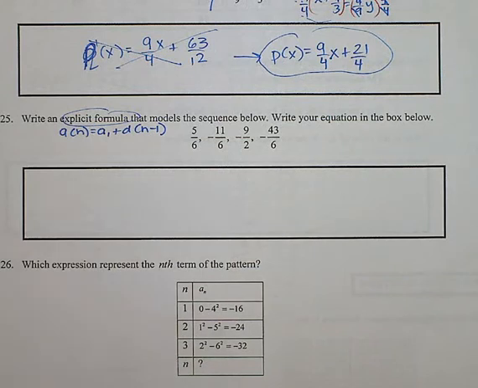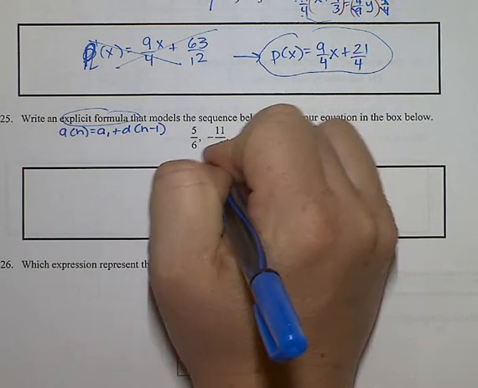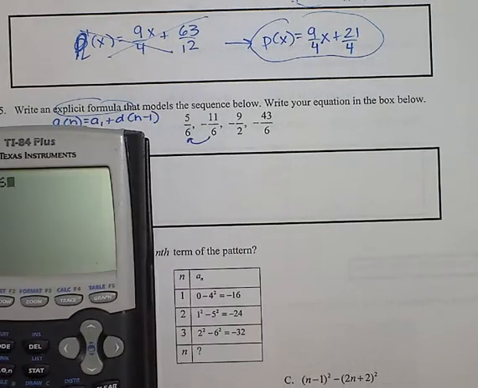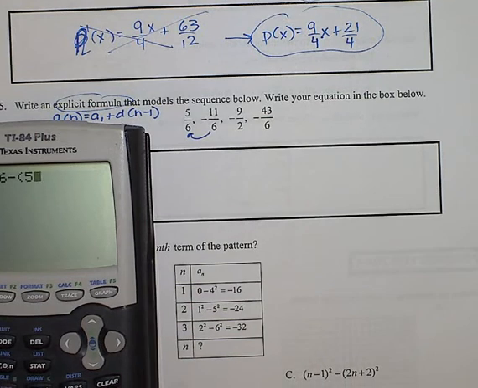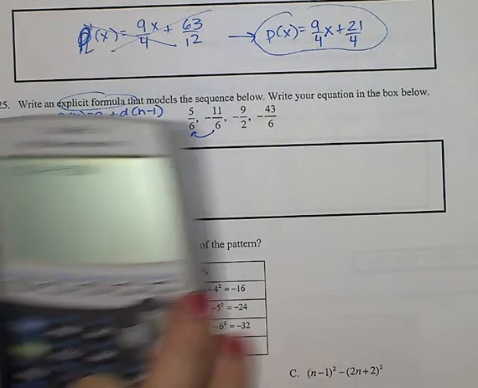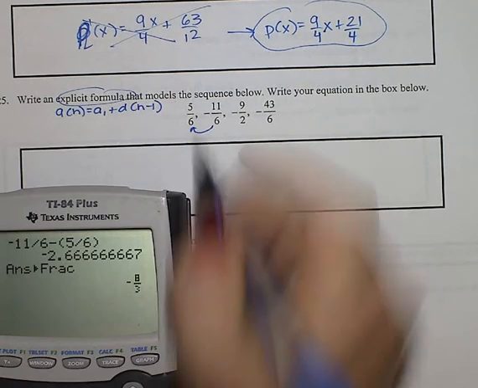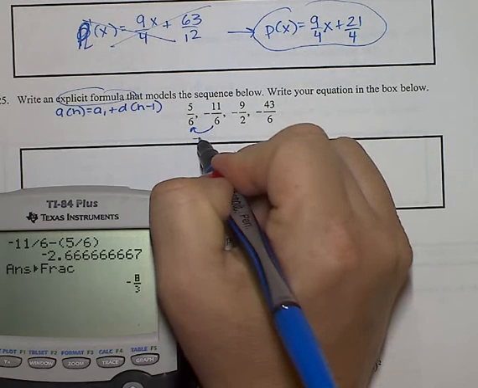Okay, here we go. I'm going to take the second term and I'm going to subtract it from the first term. -11 over 6. And I'm going to subtract in parentheses, 5 divided by 6. I'm going to turn it back into a fraction. So I believe to go from one number to the next, I am subtracting 8/3.